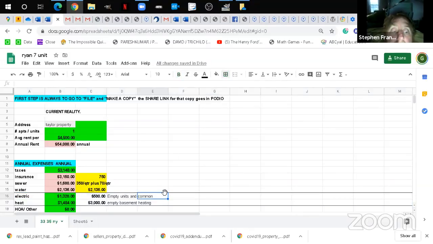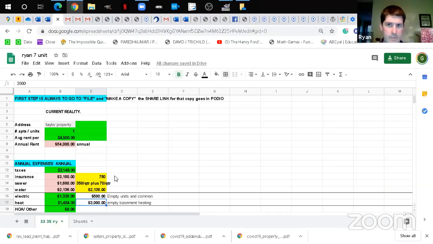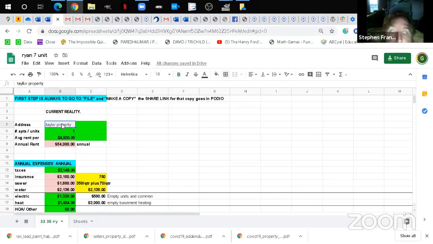These two here are only bills because of the units being empty. Well, the electric would have had a bill for the common area, but it would have been a lot smaller. So this is current reality for this property, which is 921, 923. I always have a bad habit of not doing that in detail.